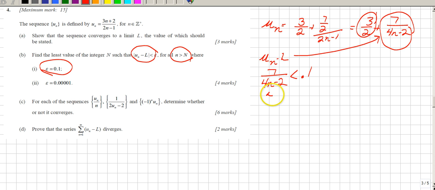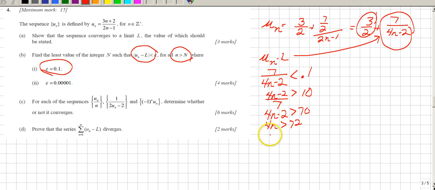Reciprocating both sides of this inequality, 4n minus 2 over 7, and 1/10 reciprocated becomes 10, and when you reciprocate an inequality, you must reverse the symbol. Multiplying both sides by 7, 4n minus 2 is greater than 70. Add 2 to both sides, 4n is greater than 72.